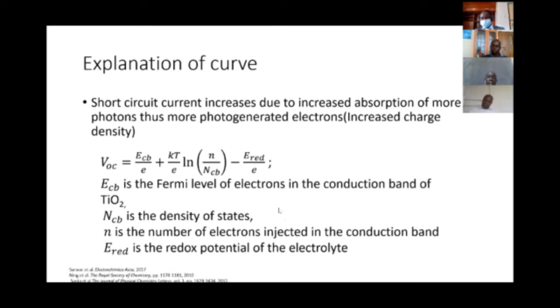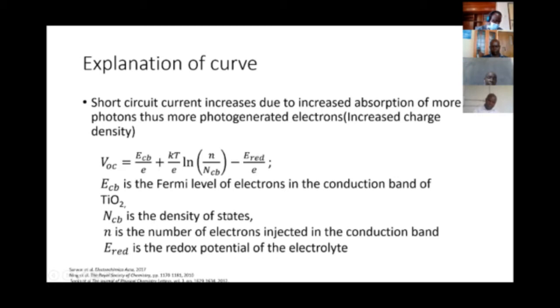To explain the increase in VOC, that is the open circuit voltage, I considered this equation here, which has terms. The first two terms here are called the quasi-Fermi level, and usually N, which is the number of electrons injected in the conduction band of TiO2, is less than the density of states.